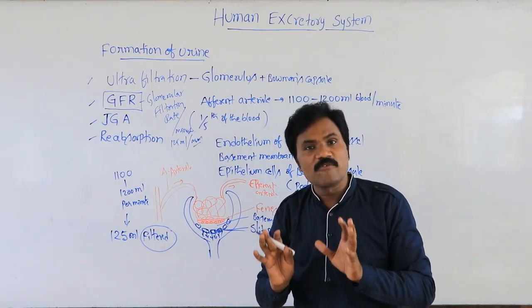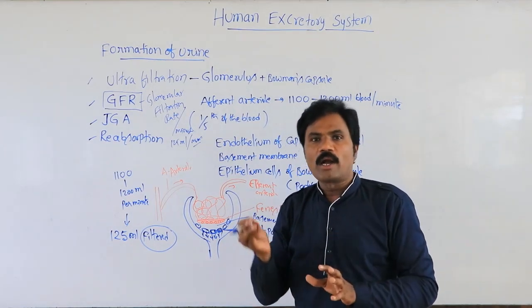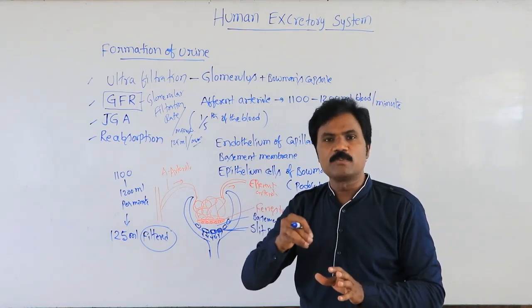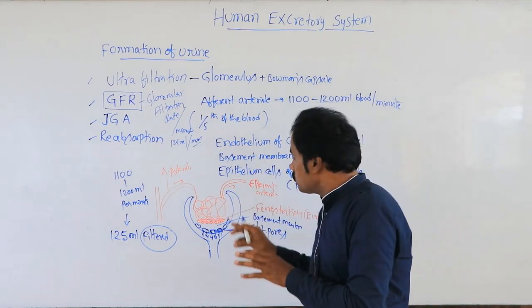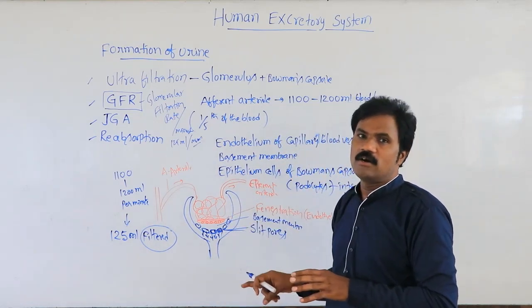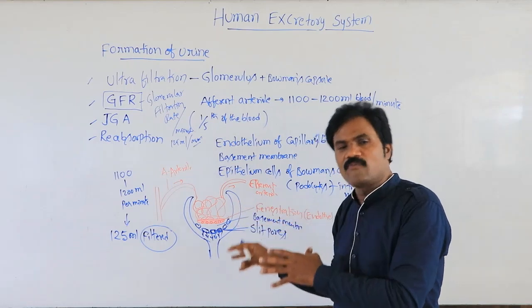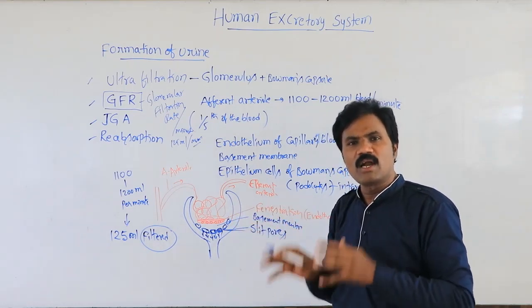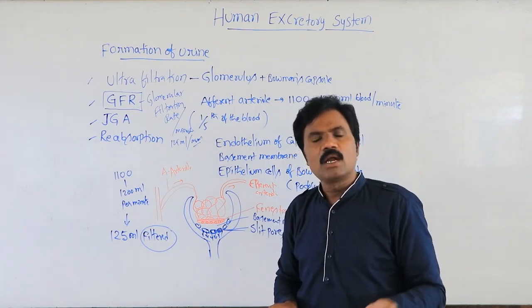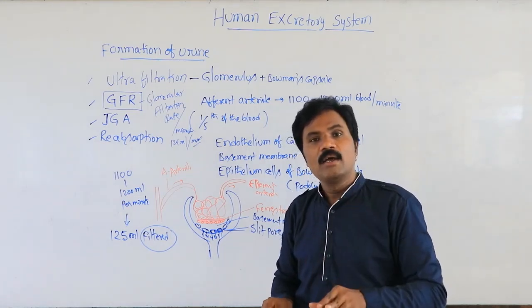This is the primary filtrate of urine. Whatever minerals, nutrients, electrolytes and useful materials are present are again reabsorbed in the remaining tubular parts of the nephron. Primary ultrafiltration is 125 ml per minute. Then how much blood is filtered per day?